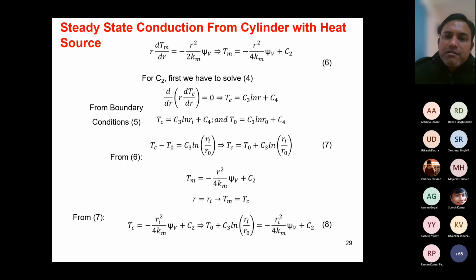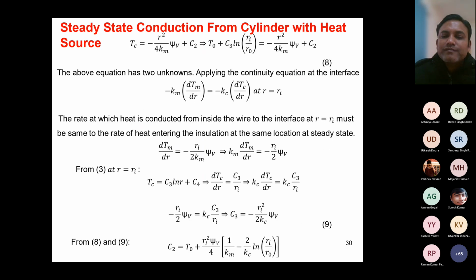So is it clear to everyone how we have got these terms? We have obtained dTm by dr here, and we have multiplied by Km, so what we get is minus Ri by 2 psi V. Km dTm by dr at Ri we are calculating, and that should equal minus Kc dTc by dr at R equals Ri.